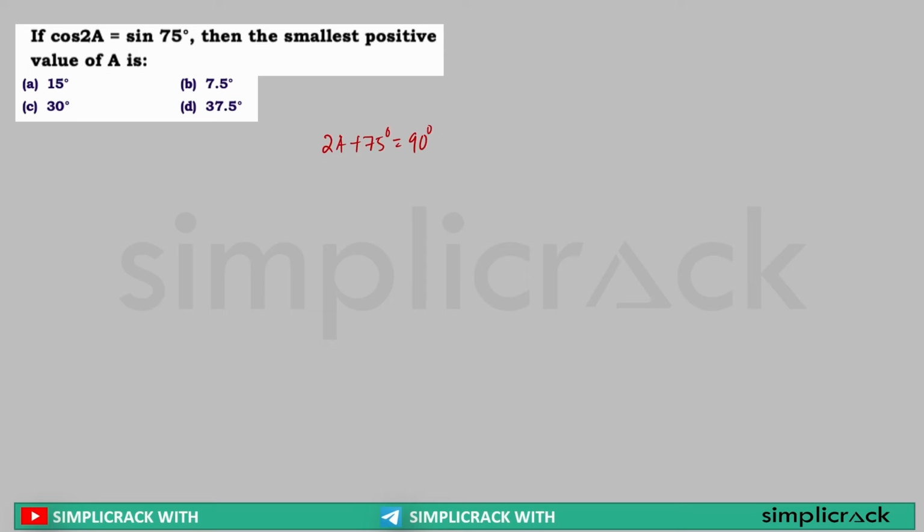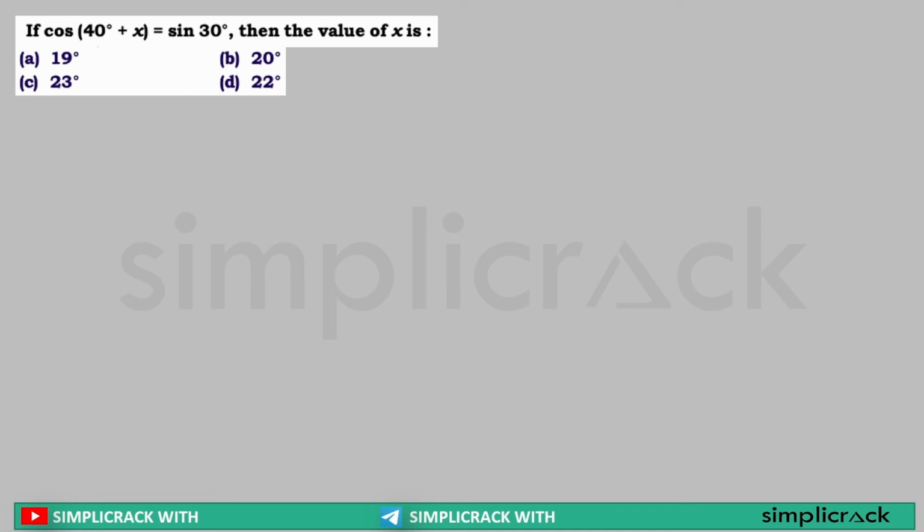I told you sin alpha is equal to cos beta, that means alpha plus beta is equal to 90 degree. That means 2a is equal to 90 degree minus 75 degree, which is equal to 15 degree. 2a is 15. A is equal to 15 by 2, that is equal to 7.5 degree. Answer option B. Clear? Yes or no?